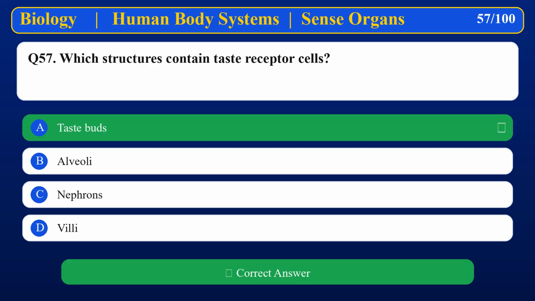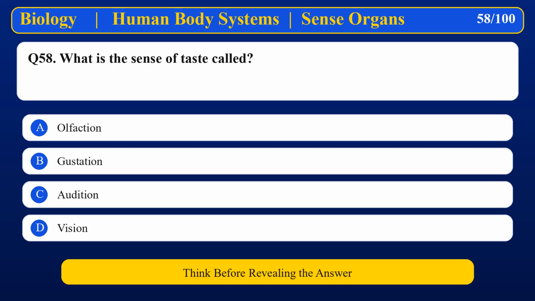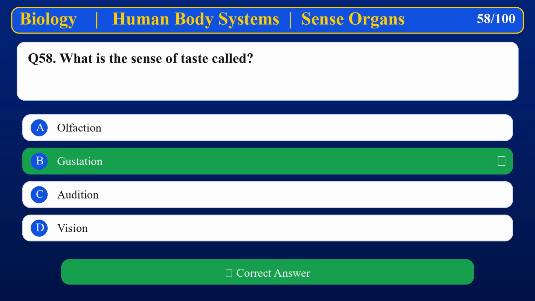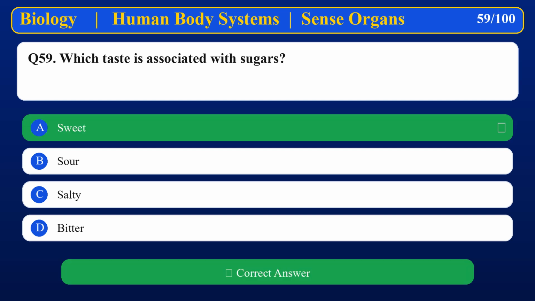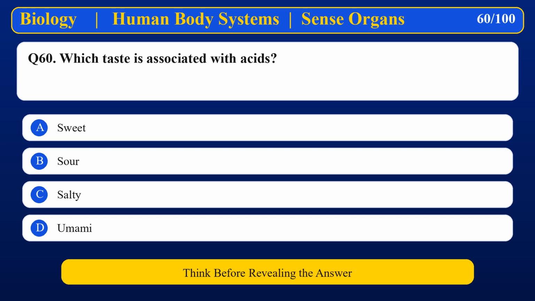Taste buds. What is the sense of taste called? Gustation. Which taste is associated with sugars? Sweet. Which taste is associated with acids?